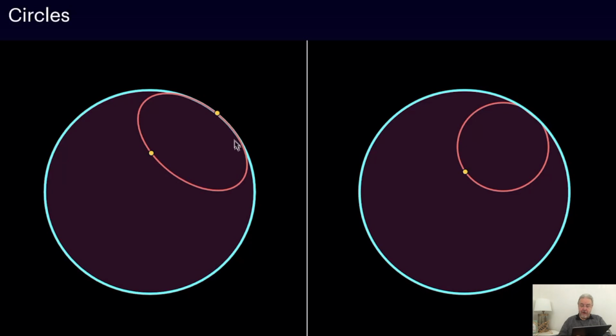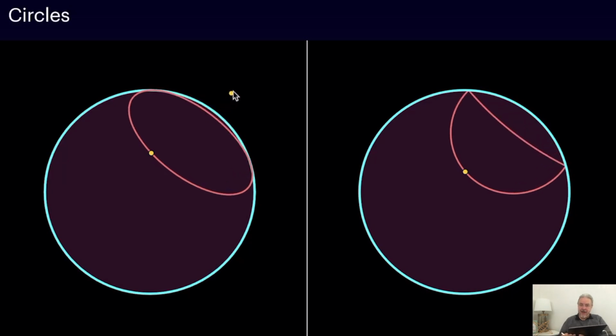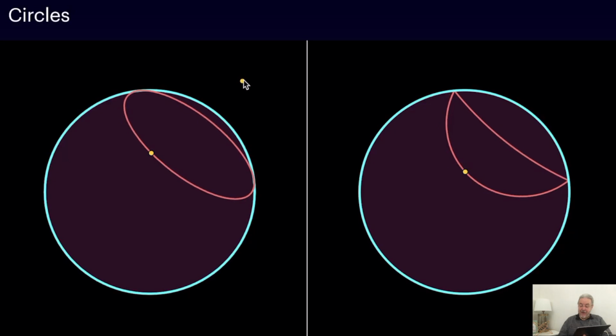And when I first saw that after I did my implementations, I really was surprised, because what you get in the Poincare model is the following picture. You get two circular arcs intersecting at the boundary at a noticeable angle here.